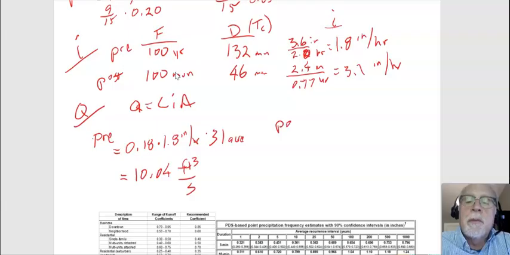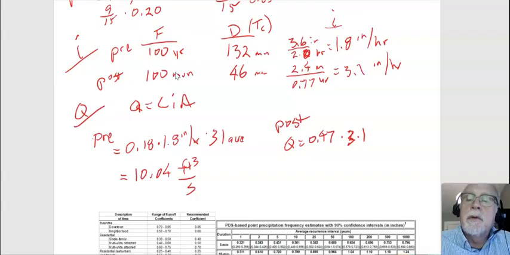The post-development is Q equals 0.47 times 3.1 inches per hour. So it rains harder because of post-development?